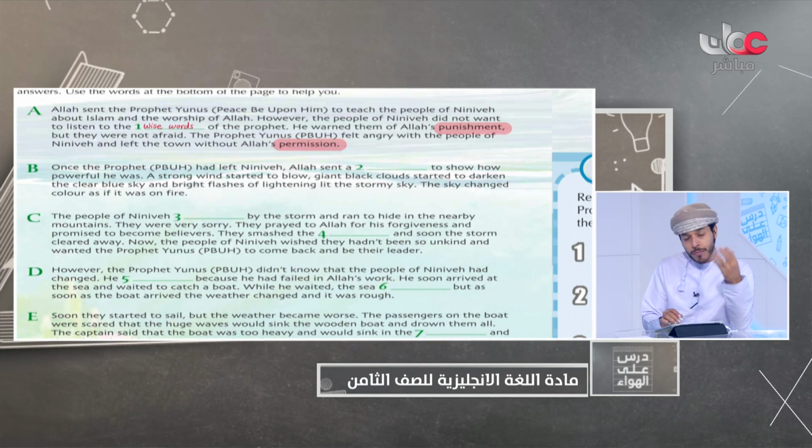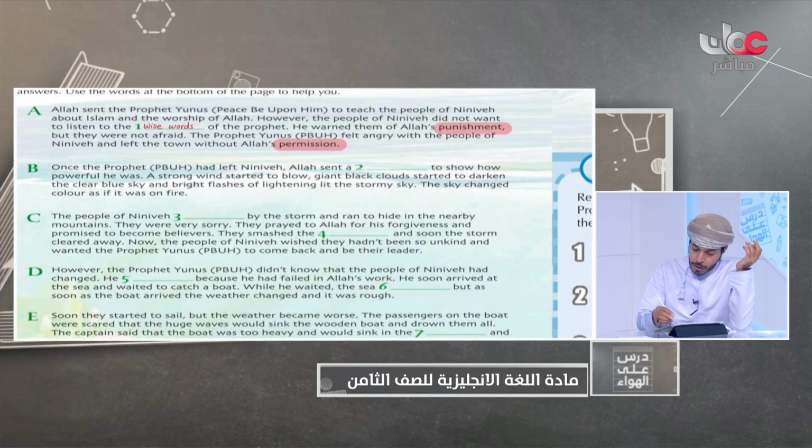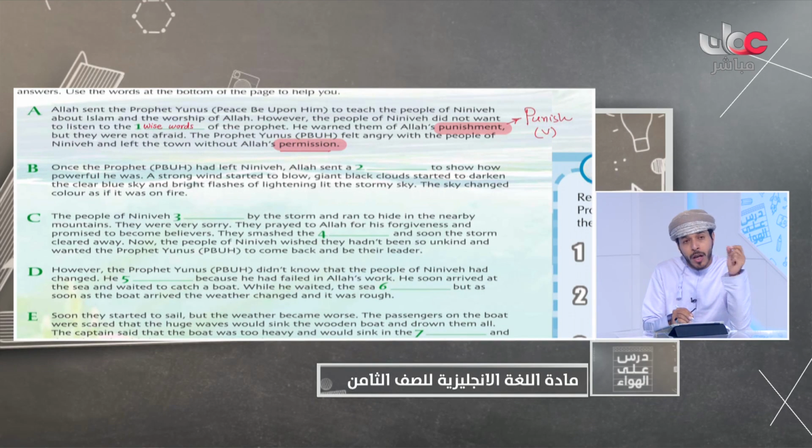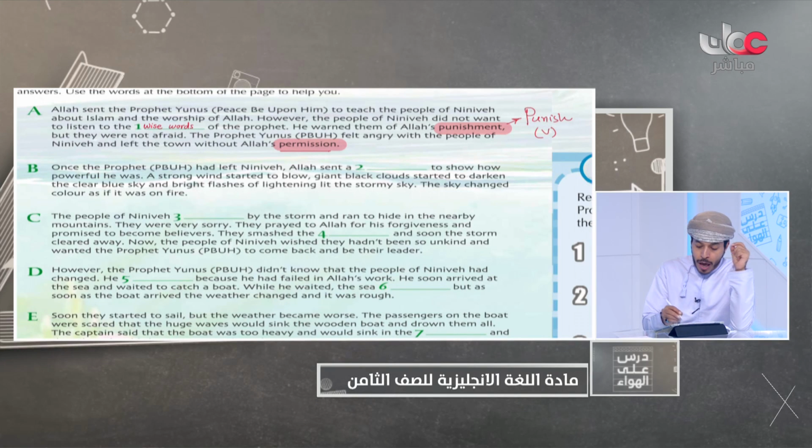Because once you remember or learn new words, it means that you are going to develop your language skills, and you are going to develop your reading, writing, and speaking skills too. Good, guys? So for example, we have here punishment. It comes from the verb to punish. This is the verb, يعاقب. And we have here permission, الإذن, and when somebody permits, this is the verb, يأذن.